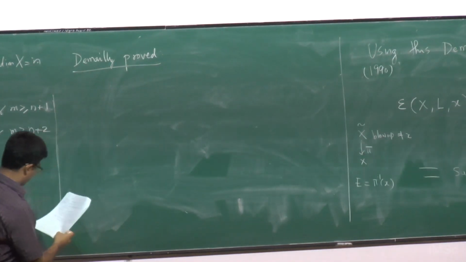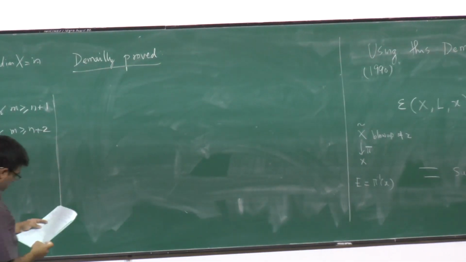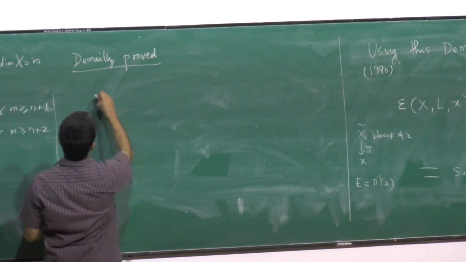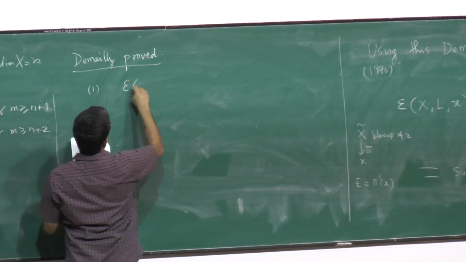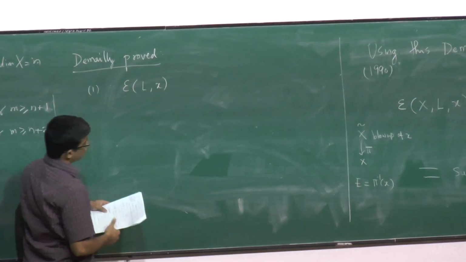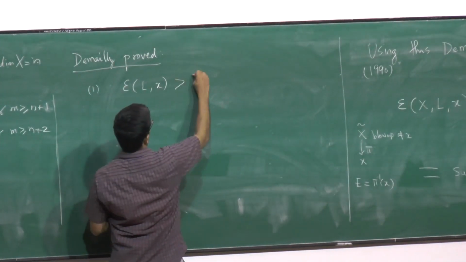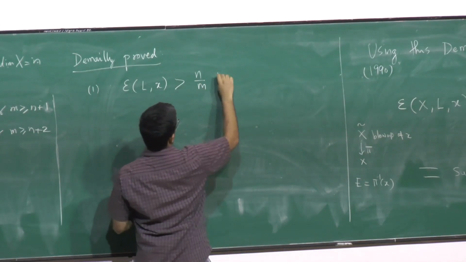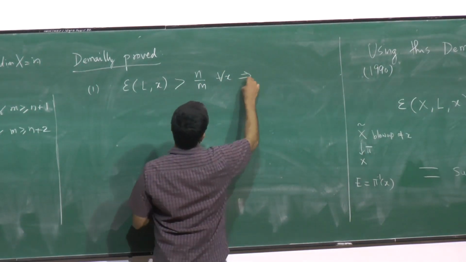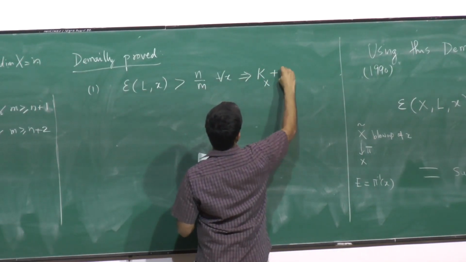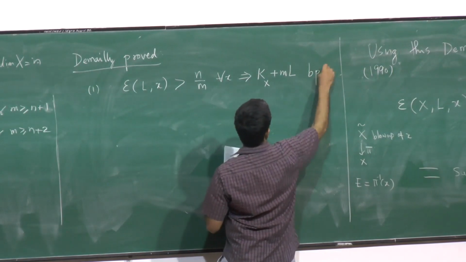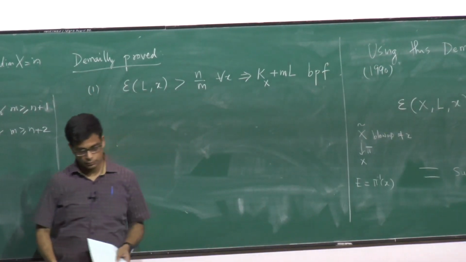So in the same setup, X and L as here, I'm omitting X, X is the underlying variety. If the Seshadri constant is greater than n over m for all x, then K plus mL is base point free.